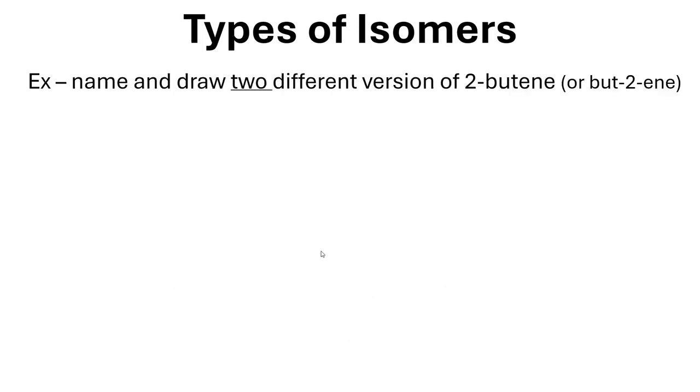So let's name and draw 2 different versions of 2-butene. What I like to do here to set these apart is start in the middle of the molecule. So I'm actually starting at this 2 part here. Now butene tells me that there are 4 carbons in the chain. So really what I've got here is my second and my third carbons that are listed.